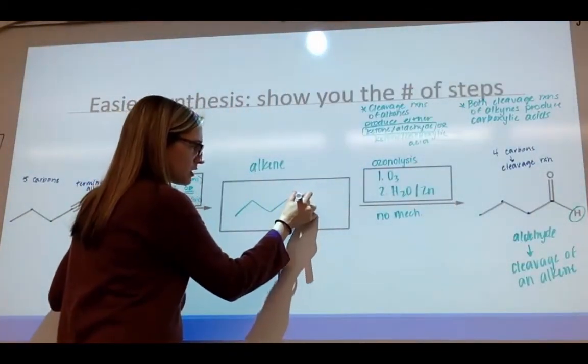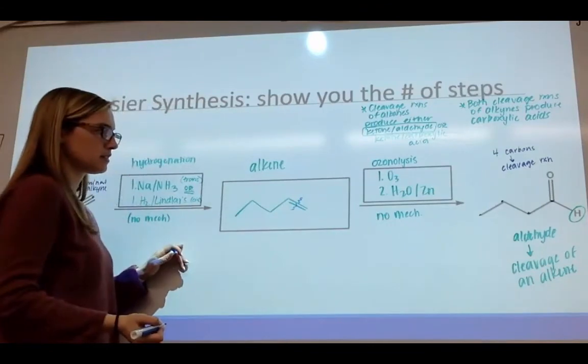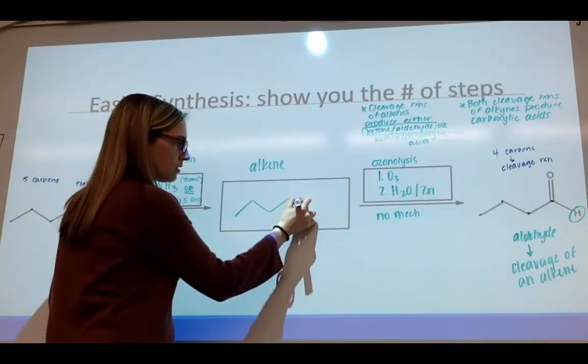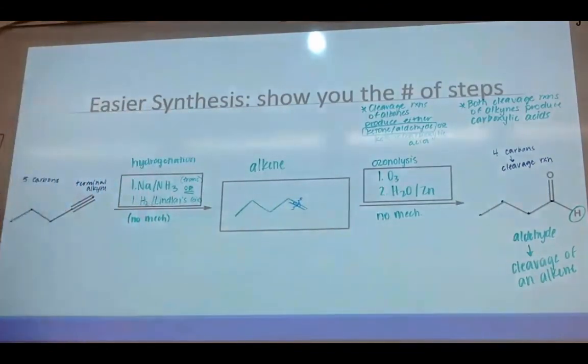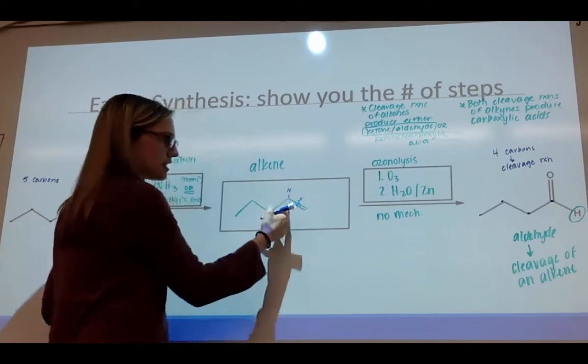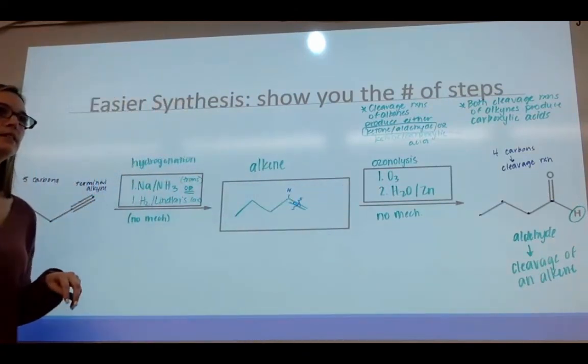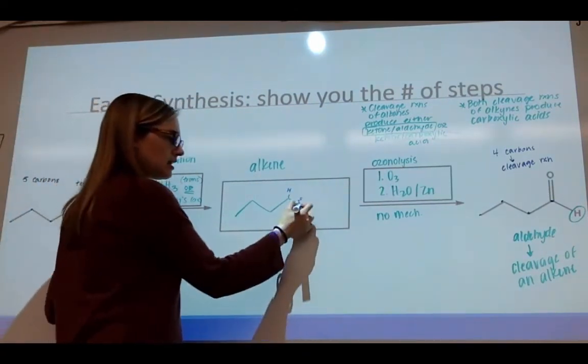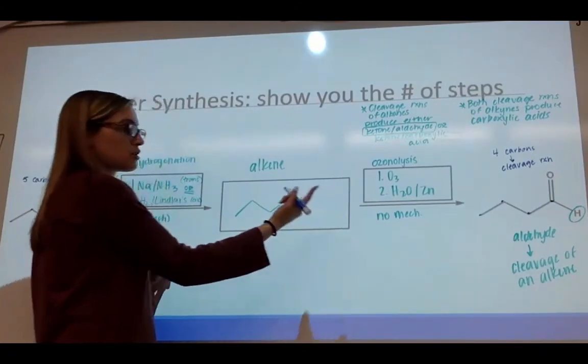So we took an alkyne, went to an alkene, and then what happens in these cleavage reactions is you can kind of imagine this squiggly line here, and you put an O to both of those. Because this is a hydrogen, that's how we create the aldehyde. All right, then this is just C double bonded to O with H on both sides.